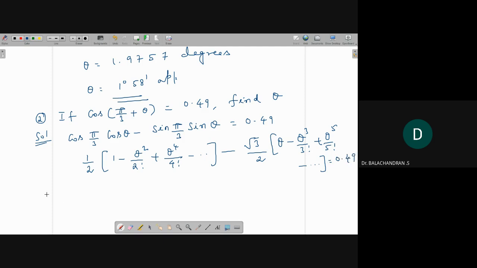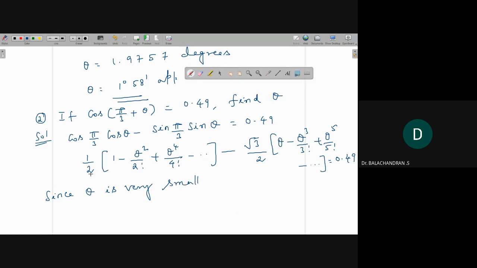Since theta is very small, I multiply 1 by 2 into 1. I neglect the higher powers from theta square onwards because here I have theta. Either you should keep theta or theta square. Don't take both, otherwise you'll get a quadratic and need to solve the quadratic equation.